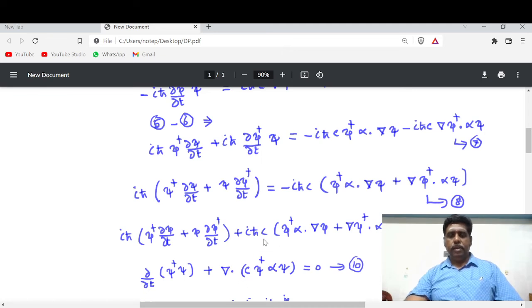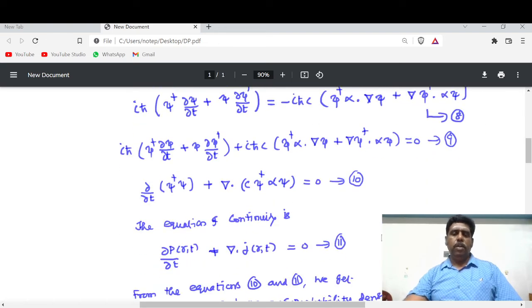Here c into psi dagger alpha dot del psi plus del psi dagger dot alpha psi is simplified as del dot c psi dagger alpha psi, and the entire expression is equal to 0. Now we have to compare this equation 10 with our continuity equation, dou rho by dou t plus del dot j of r comma t equal to 0.